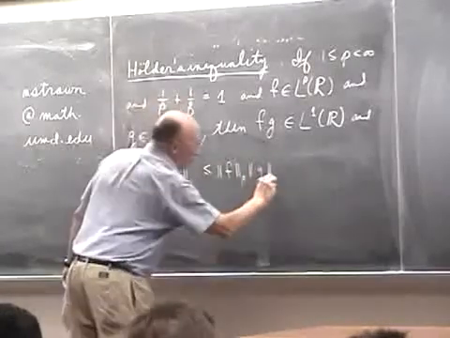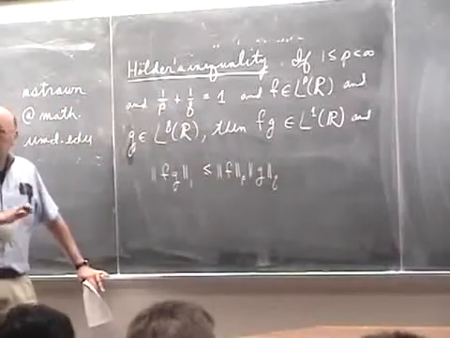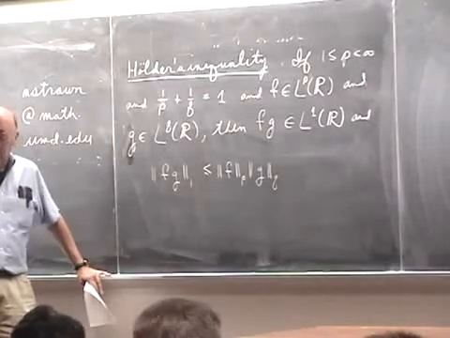Okay, so what do those things mean? And so here's where I'm going to avoid directly using Lebesgue theory, but if you've had it, this is really the way I'm thinking.